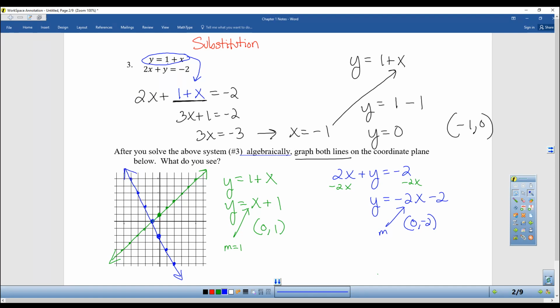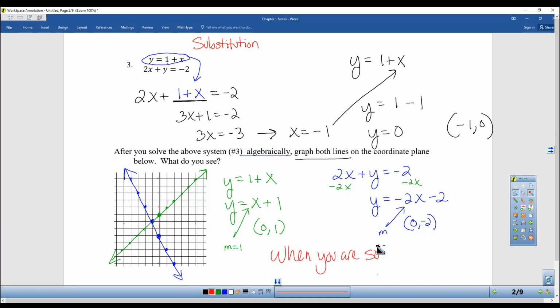So the reason I wanted you to graph the lines was so that we could make the connection. When you're solving a system, you are finding the point of intersection. Let's write that down.